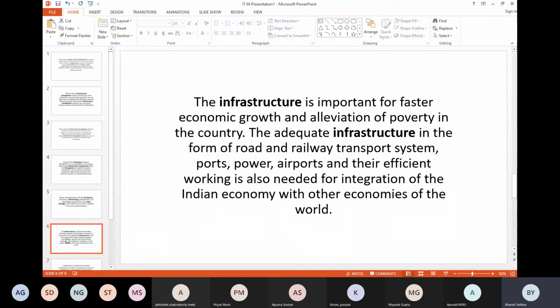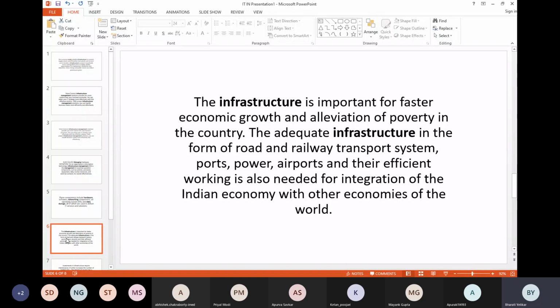I would like to share one more point. Infrastructure is important for faster economic growth and alleviation of poverty in the country. So how infrastructure is important and how infrastructure management is important. Each and every organization has to invest in infrastructure management.